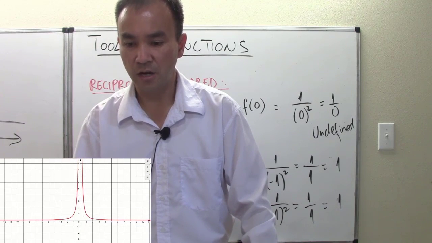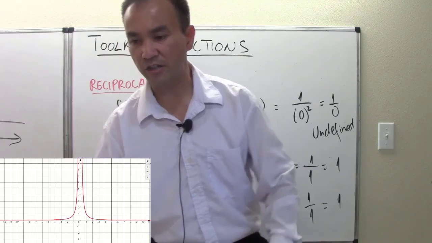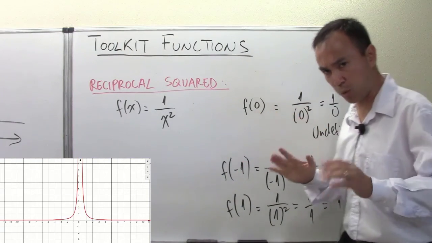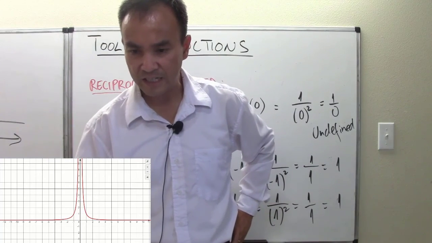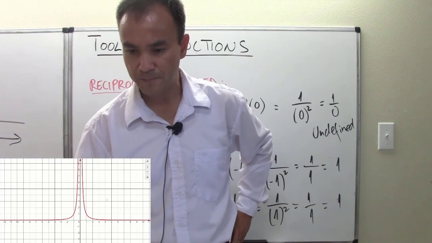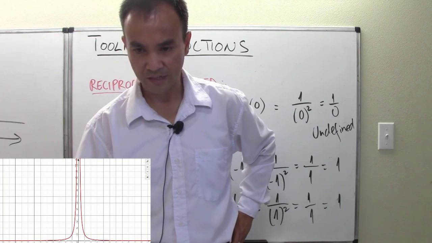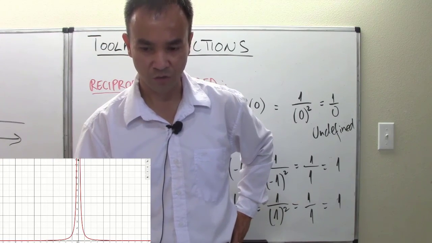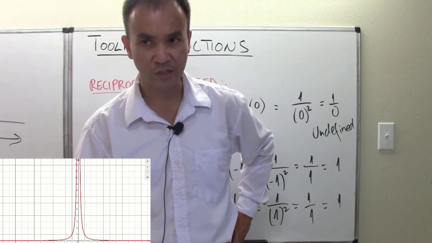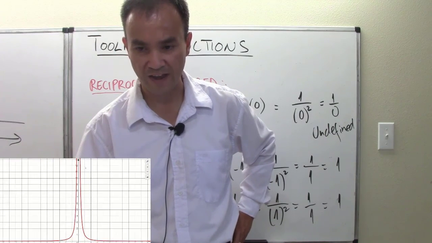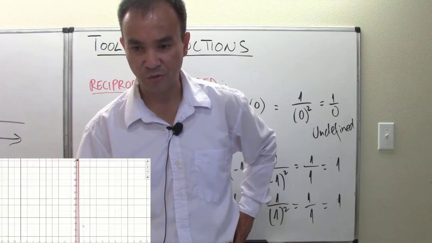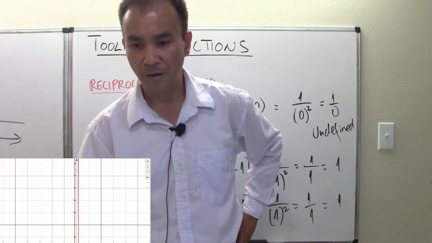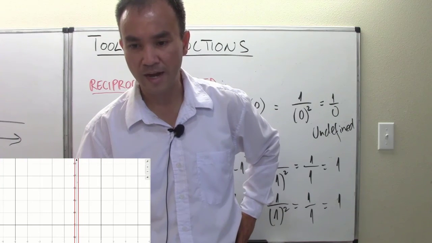Just like what I pointed out earlier, we just cannot take x equals 0, and that's what explains why this graph is giving a permanent gap. See, there will be no part of the graph crossing through the y-axis, because right where the y-axis is, it's x equals 0. We will not have any part of the graph. See, I keep dragging it down, it's hopeless. We won't find a part of the graph that crosses through the y-axis.